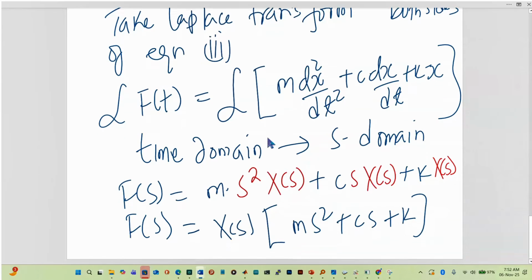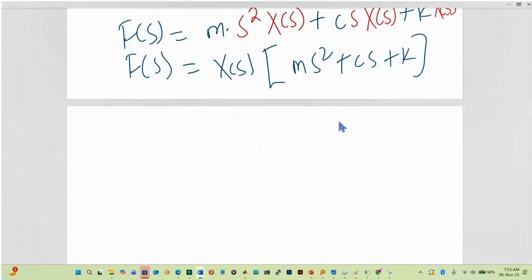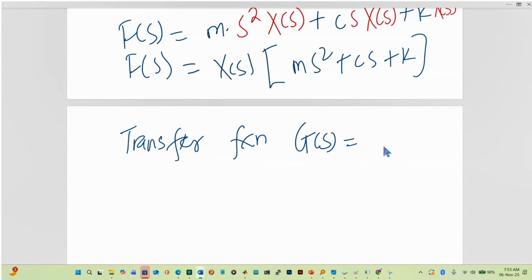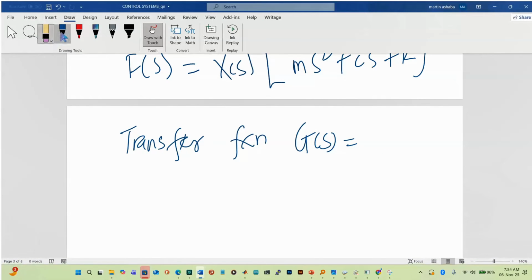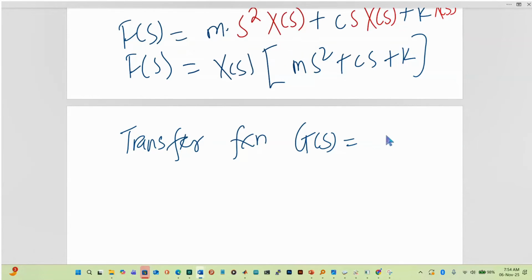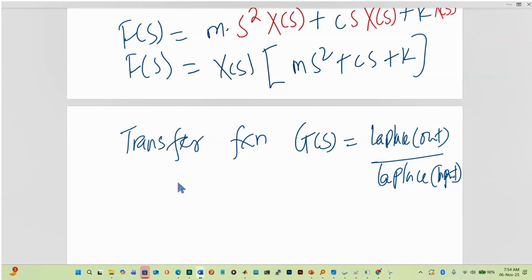So this means I can now look for the transfer function. The transfer function G of s equals what? It is supposed to be output over input. The transfer function is the Laplace transform of output divided by the Laplace transform of input.